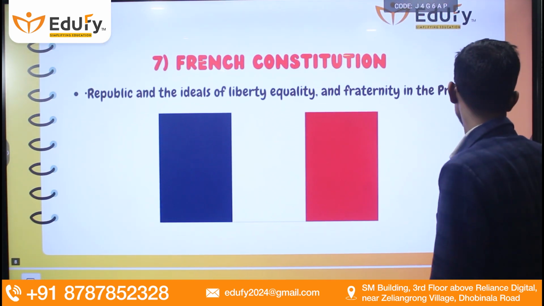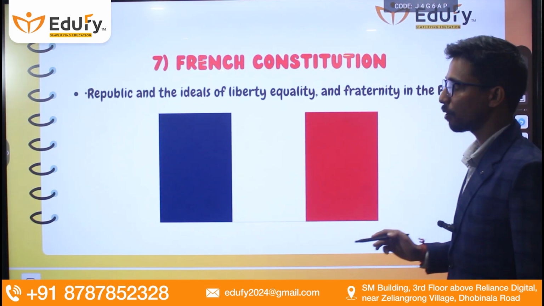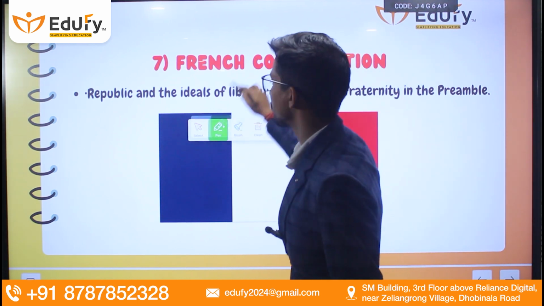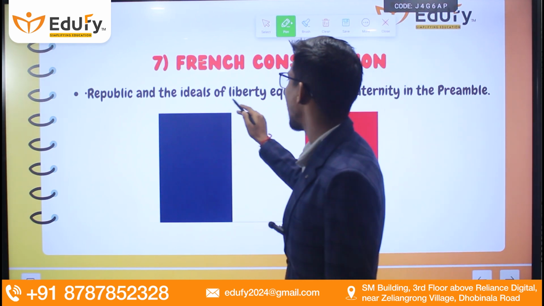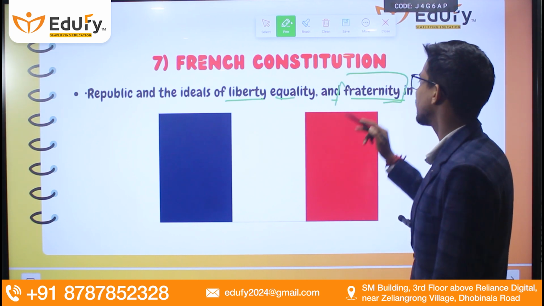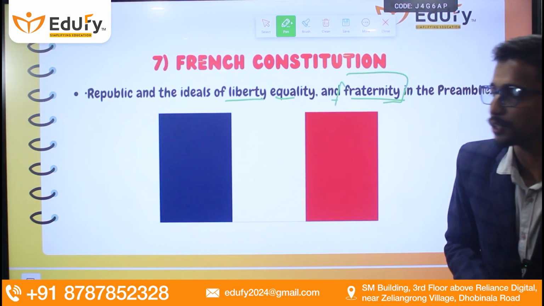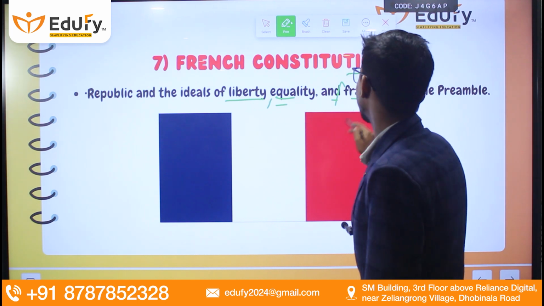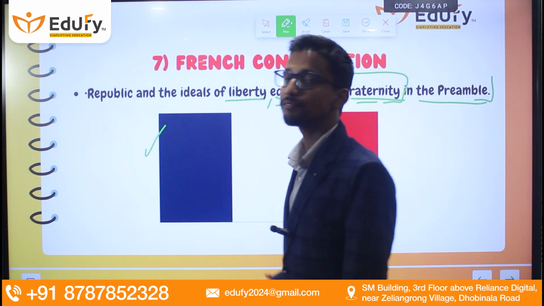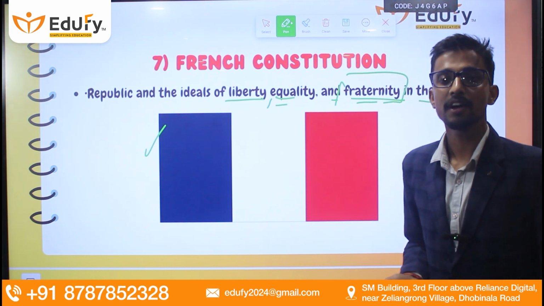French Constitution. The French Constitution is very important, friends. Why is it important? Because in the preamble, we have mentioned the ideals of liberty, equality, and fraternity. Fraternity is nothing but a sense of brotherhood. Liberty, equality, and fraternity, in the preamble, these aspects have been taken from the Constitution of France.